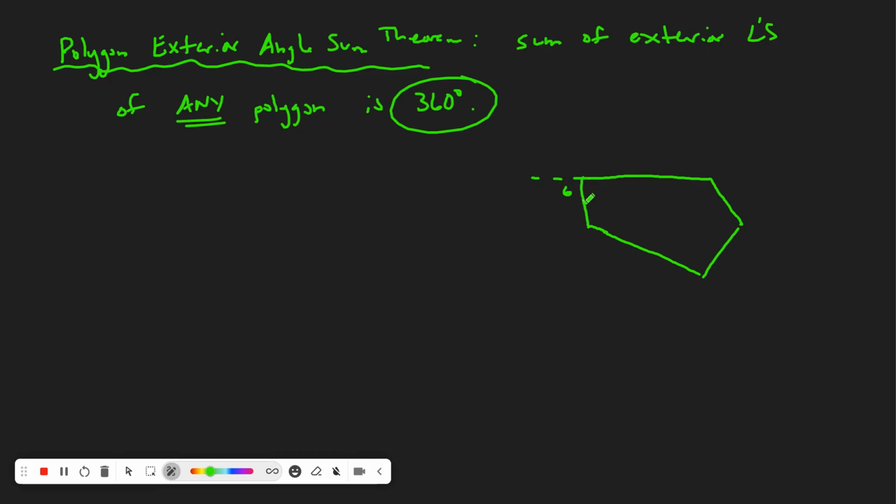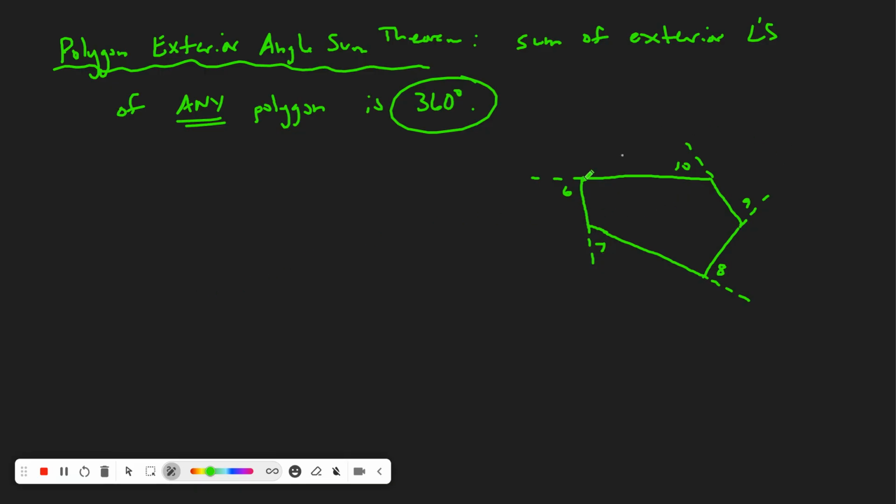Then I'm going to take this side and extend it down. That's an extra angle. I'm going to take this side and extend it to the right. There's the extra angle. And extend this side up. There's the extra angle. And extend this side up. There's the extra angle. So you have as many extra angles as you do interior angles.